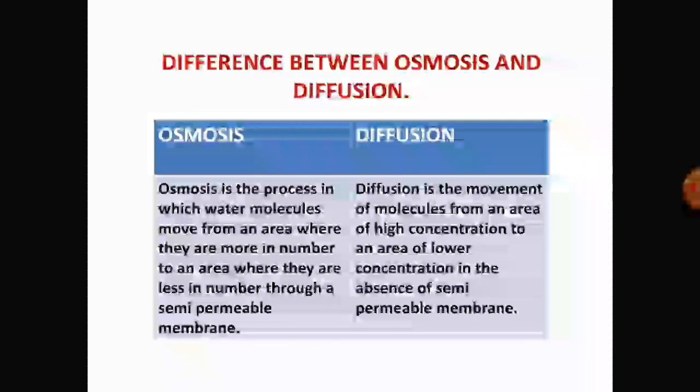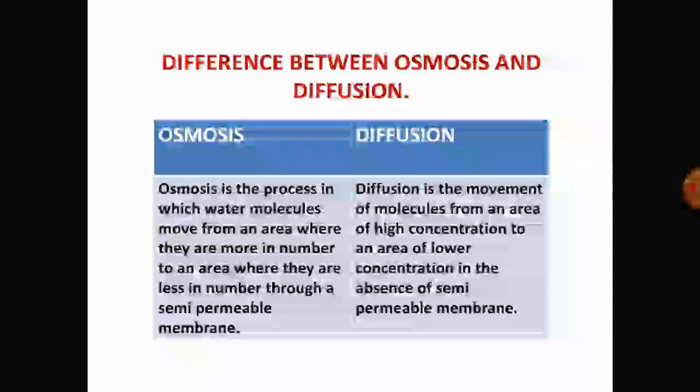Difference between osmosis and diffusion. Now, there are some differences between osmosis and diffusion. Osmosis is the process in which water molecules move from an area of high concentration to an area of low concentration through a semi-permeable membrane. Whereas diffusion is the movement of molecules from an area of higher concentration to an area of lower concentration in absence of a semi-permeable membrane.